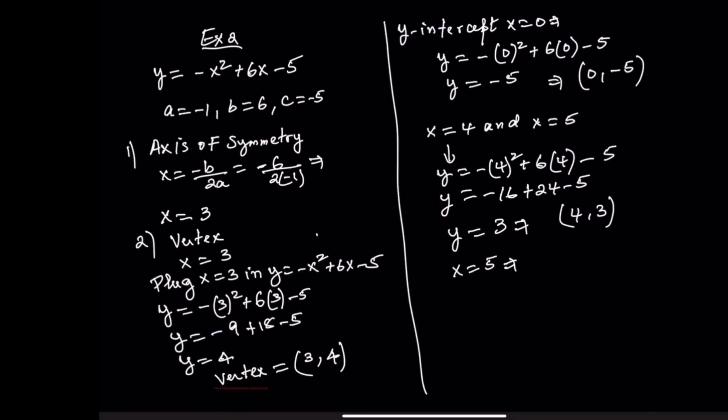Next, let x equal 5. Plug it in, negative 5 squared plus 6 times 5 minus 5. That's negative 25 plus 30 minus 5, which equals 0. So another point is at 5, 0.